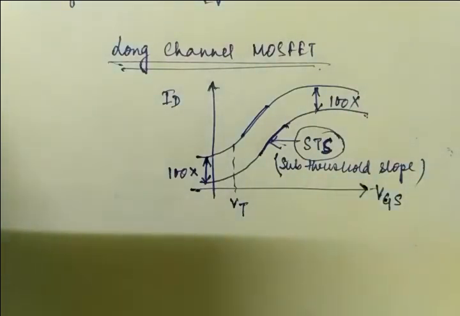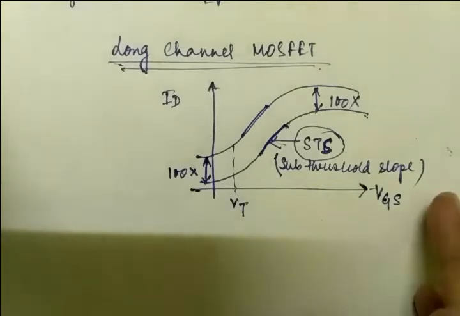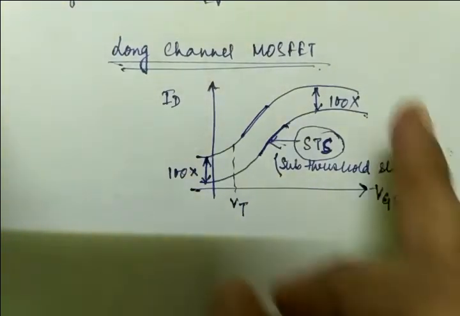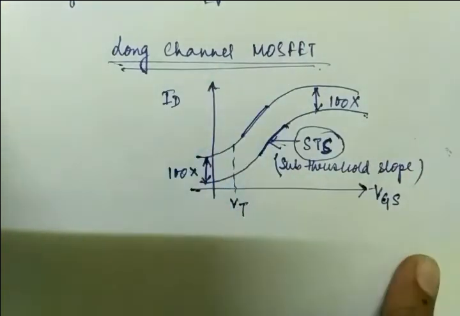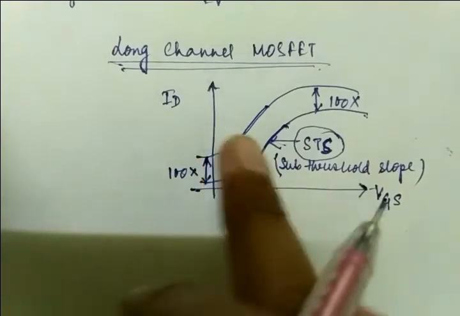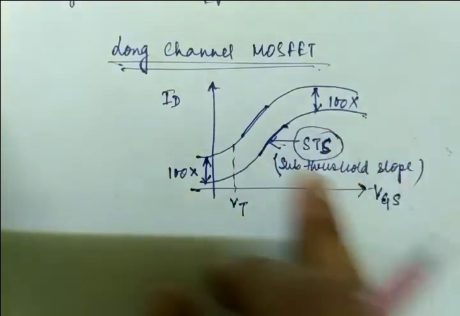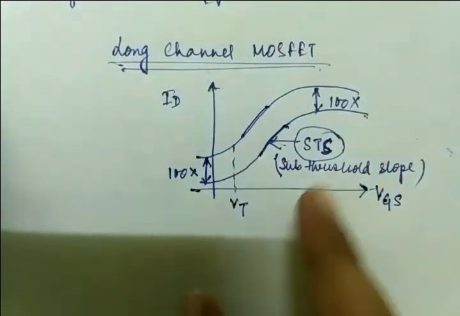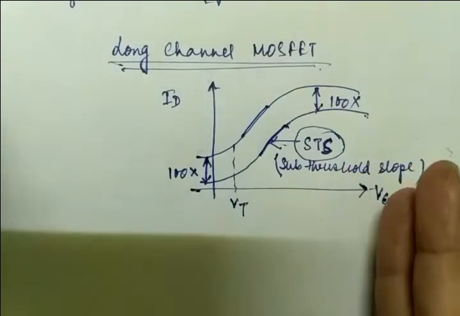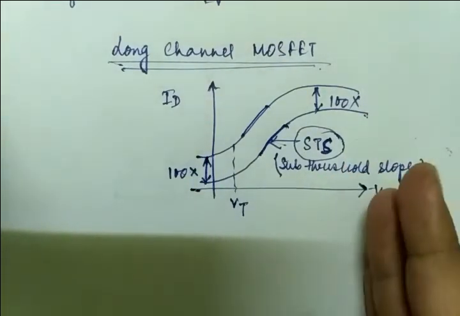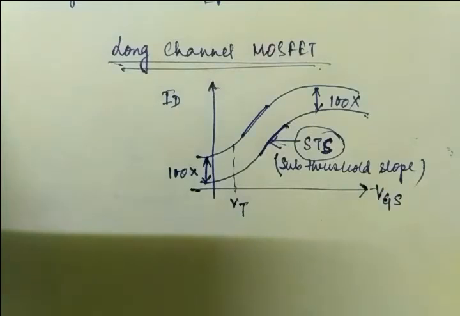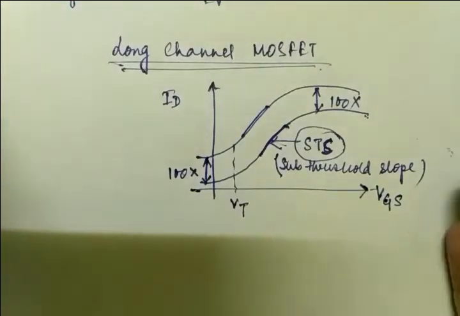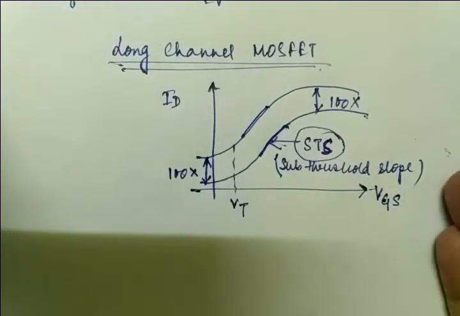So this thing will be clear first, that is, what the sub-threshold slope is, because we all know that in the characteristic curve of ID versus VGS, there is a linear region, there is an exponential region, and there is a slope, and that slope remains constant, right? Related to that, if the drain current increases, then on and off current also increase.